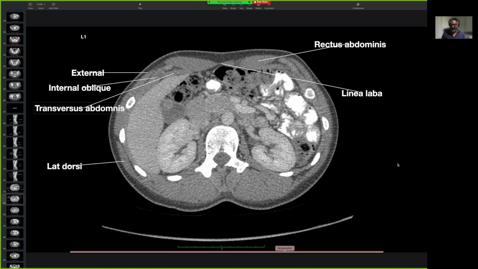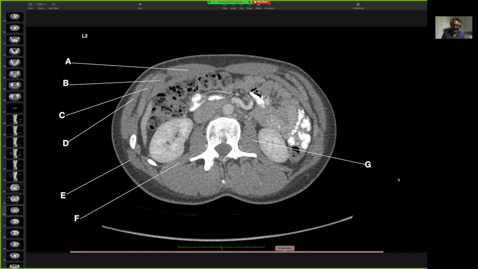Transversus abdominis. Okay, good job. Well done. Now it's the same things again. Similar things again. A few new muscles.